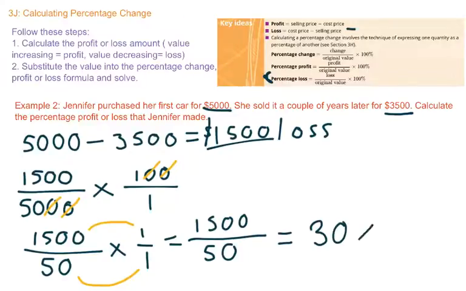And remember, we must put our percentage symbol because the initial question asked us to calculate the percentage profit or loss that Jennifer made. So from here, we can say that when Jennifer bought her car for 5,000 and she sold it a few years later for 3,500, she made a 30% loss. Okay?